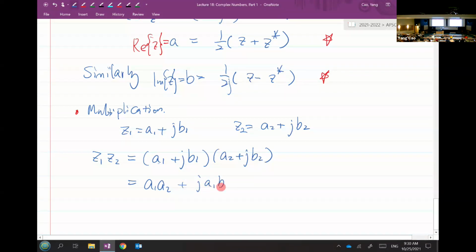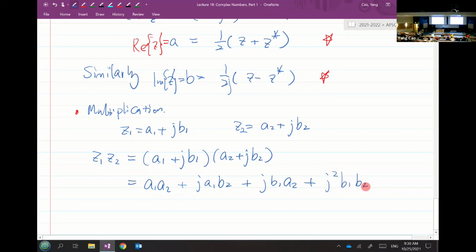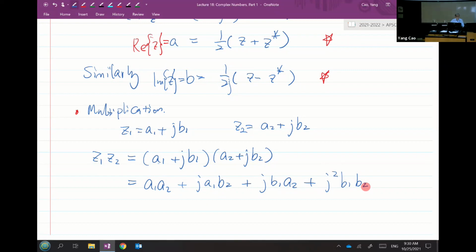So a1 times jb2, then jb1a2, and then the last one, j squared b1 b2. Essentially you're treating every one of the terms in the expression as a number, and then you multiply them out.